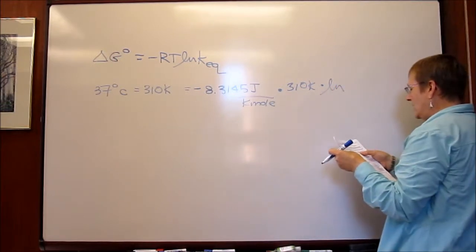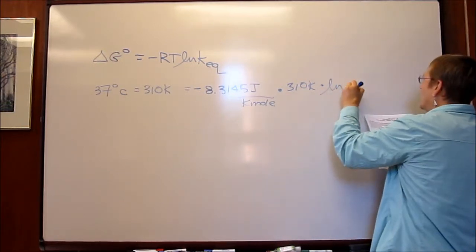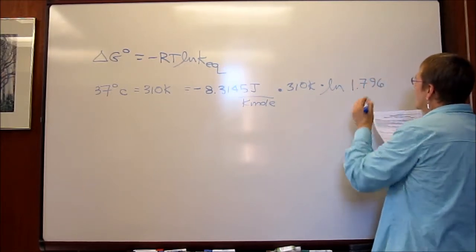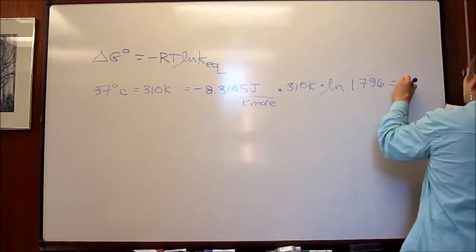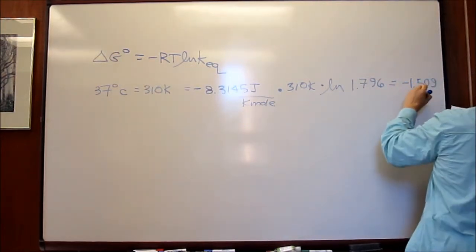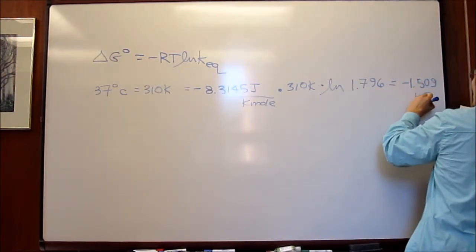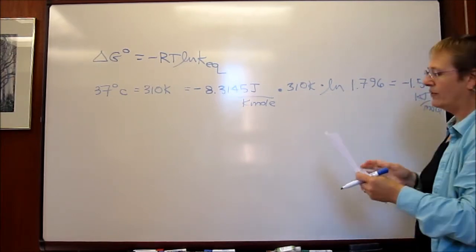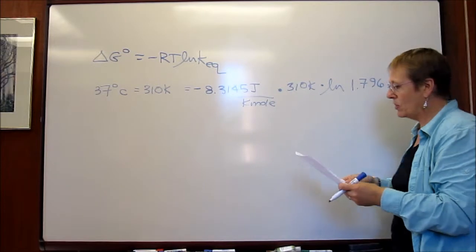And in this case, the KEQ is given as 1.796. This gives us a delta G naught of negative 1.509 kilojoules per mole, or you could express that as negative 1,509 joules per mole.